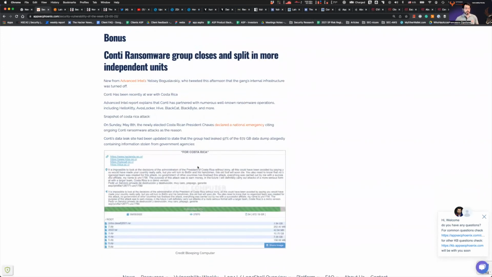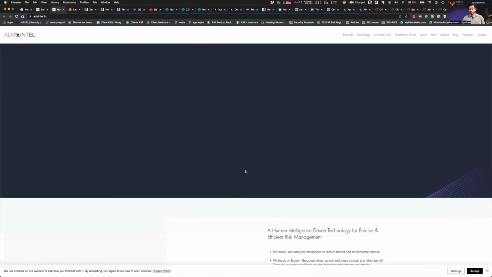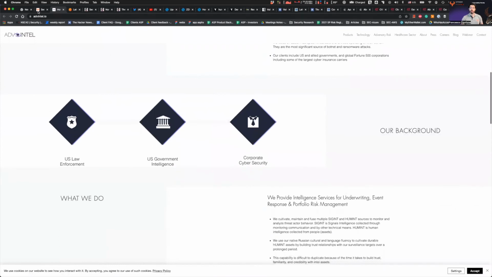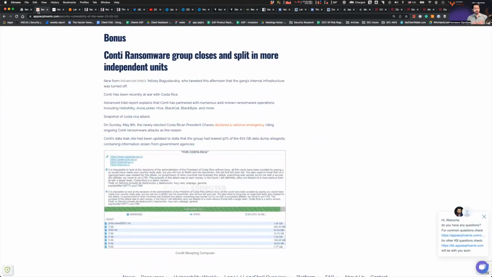The last thing that we're going to cover today, aside from the cloud vulnerabilities, is Conti. Conti ransomware is an attack group, and in a recent advisory, there has been some interesting chatter on the fact that the Conti ransomware group has been dismantled. That doesn't mean the Conti ransomware will stop operating.